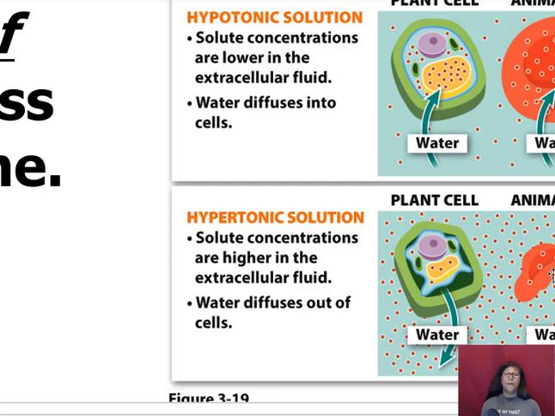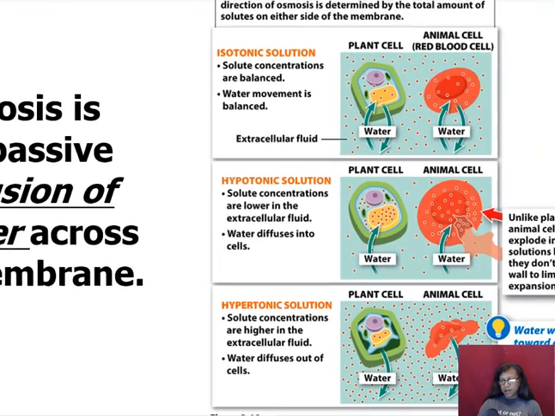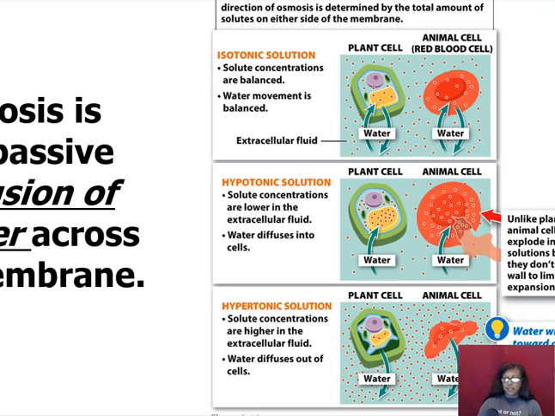Which way is water going to go? Water wants to go where the party is. It's going to go into the solution where all the particles are, and that cell is going to shrink down and shrivel. Okay?